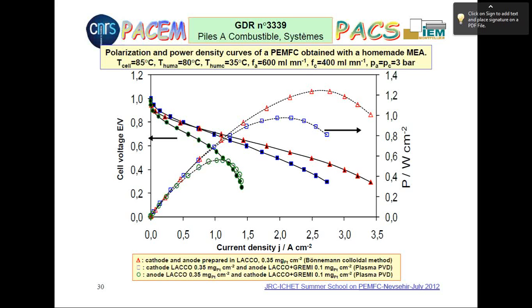Use what, carbon paper? No, it's carbon Vulcan. The substrate? Yes. Is it fabric or paper? No, it's a carbon powder. So we get 0.1 milligram, and that's sufficient for hydrogen oxidation, but not enough for oxygen reduction.